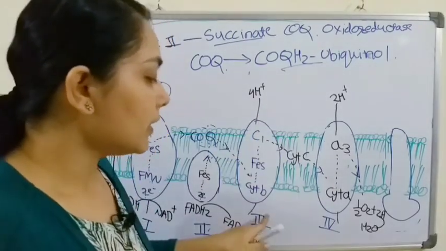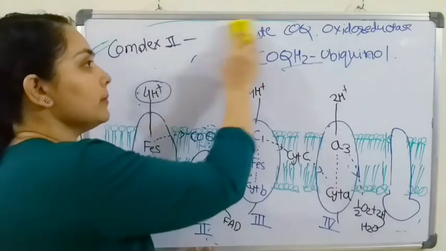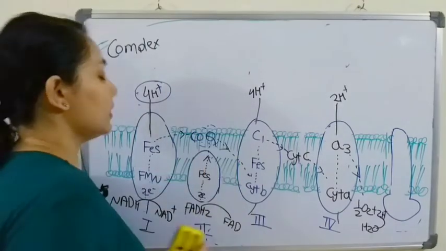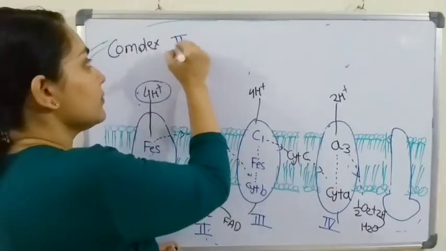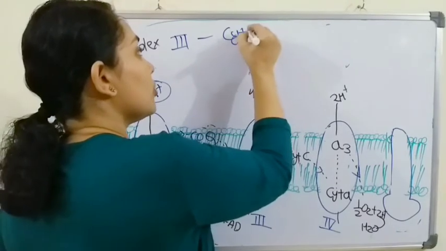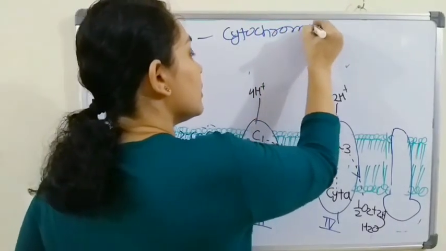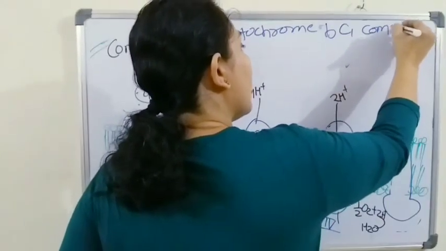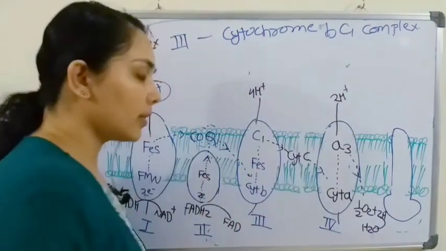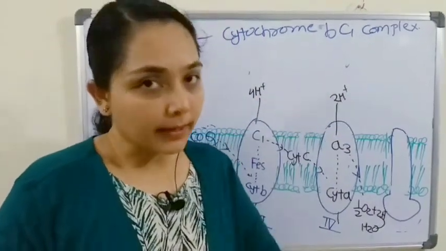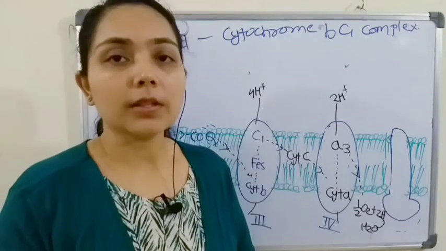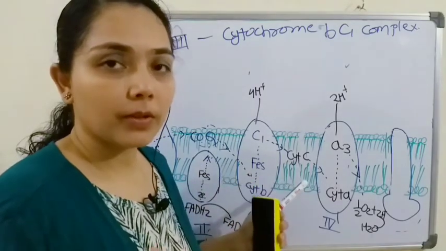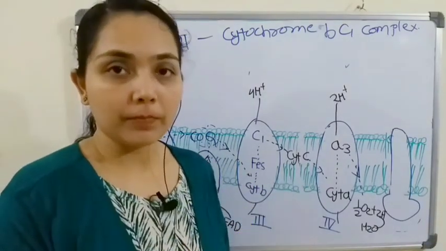Now complex 3. The name of complex 3 is cytochrome bc1 complex. What is cytochrome? Cytochromes are part of the protein complexes which have the heme group.